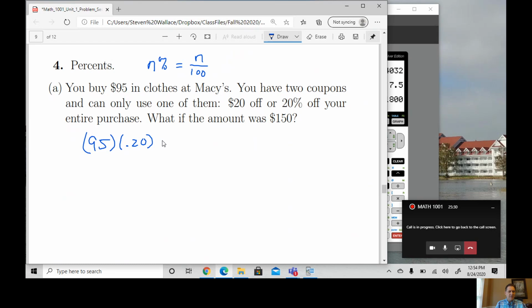So 95 times 20%, this comes out to 19. So if that's dollars, then $19. So if we did the 20% off, we would get $19 off. So in this case, 20 bucks off is the better deal.